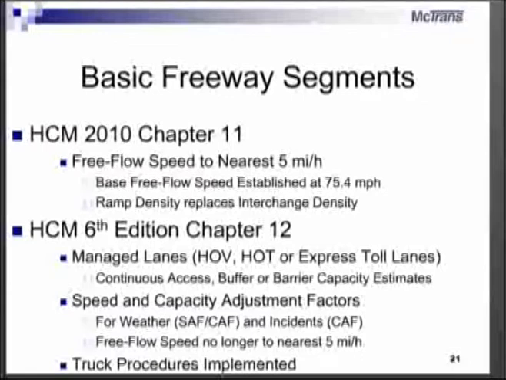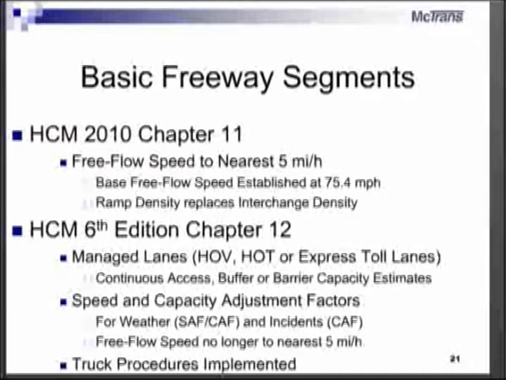Managed lanes. For managed lanes, again, 5 different flavors: continuous access, buffer 1 and 2, barrier 1 and 2, creating a density estimate for the managed lanes themselves. And you'll see applications of that in not only basic freeway segments, but weaving and ramps as well. Speed and capacity adjusted across all basic freeway segments.